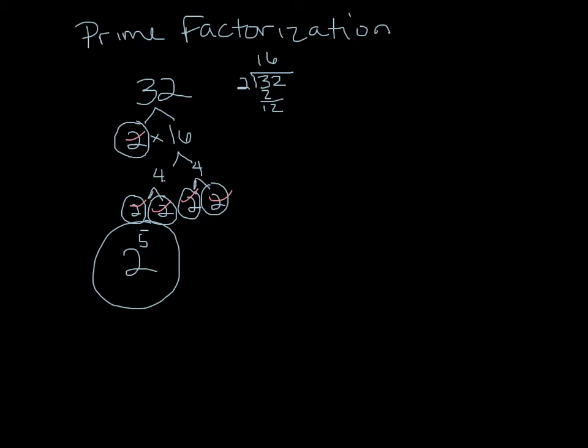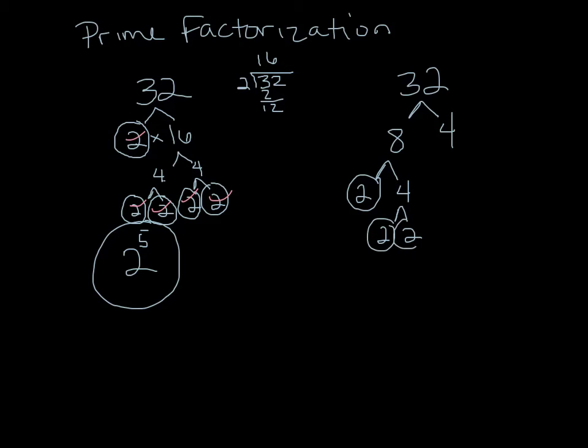Over here, I just want to show you something real quick. If I'd done the 8 times 4, some of you might have said, oh, 8 times 4 is 32, Mrs. Sanchez, don't you know? So 8 times 4. If I had done that, I would have looked at 8 and branched it out and said, that's 2 times 4, prime. That's 2 times 2, prime, prime.